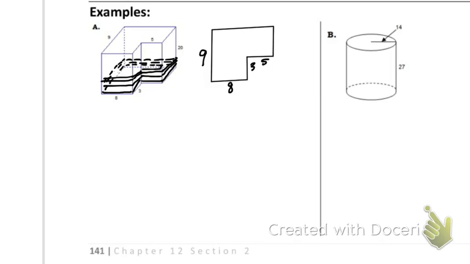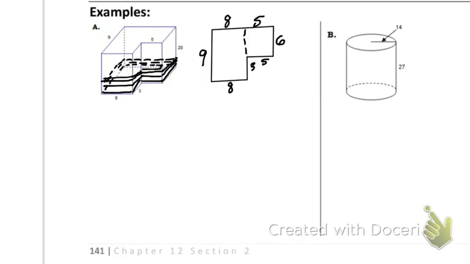So if we picture this, we could fill in some more information. If this is 8 and this is 5, that's going to make this top one. In fact, let's divide that up because we're going to get the area. So this is 8. This is 5. If this is 9 and this is 3, that's going to make this 6. So these are all our measurements.